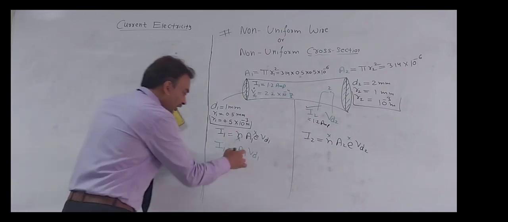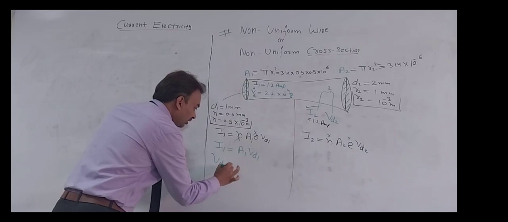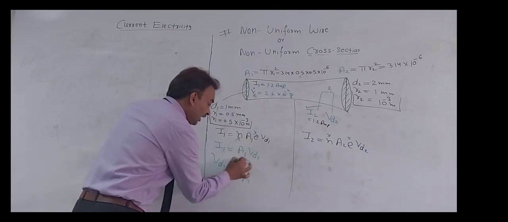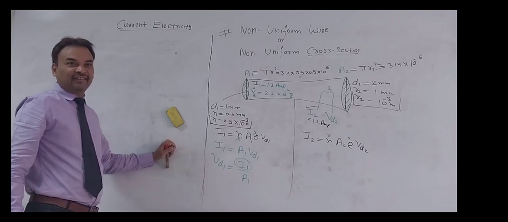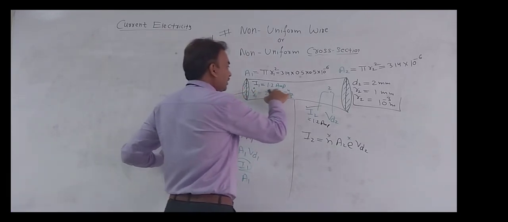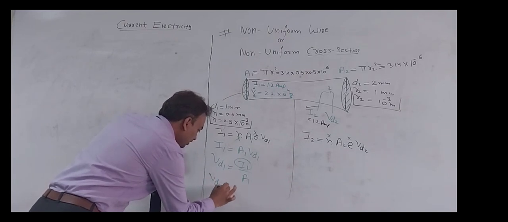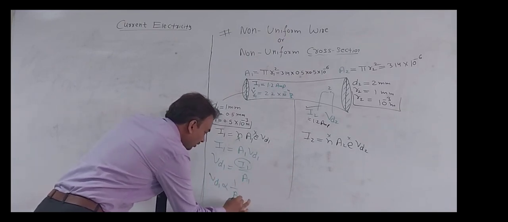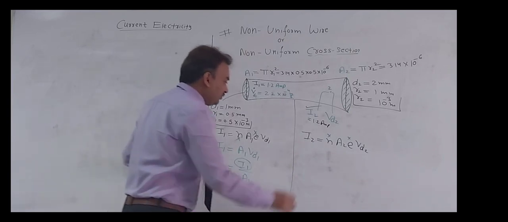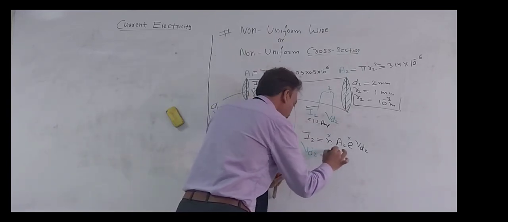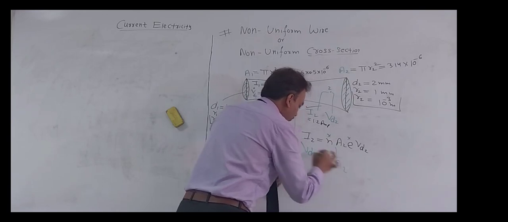So from here, VD1 will be equal to I1 by A1. And current is also constant everywhere. So I can say VD1 is inversely proportional to A1. Likewise, VD2 is inversely proportional to A2.